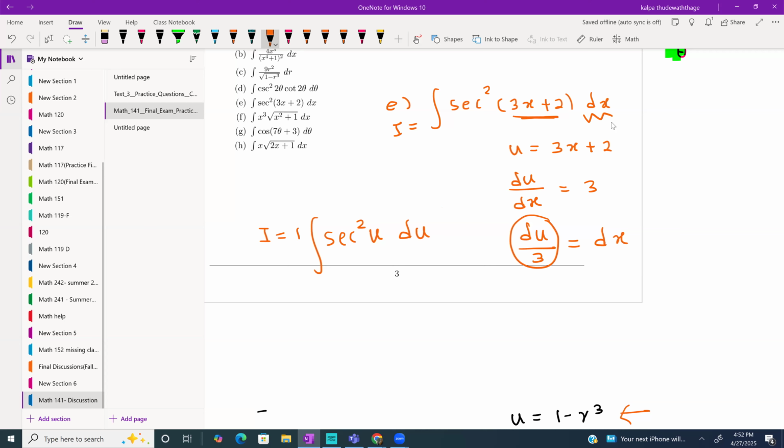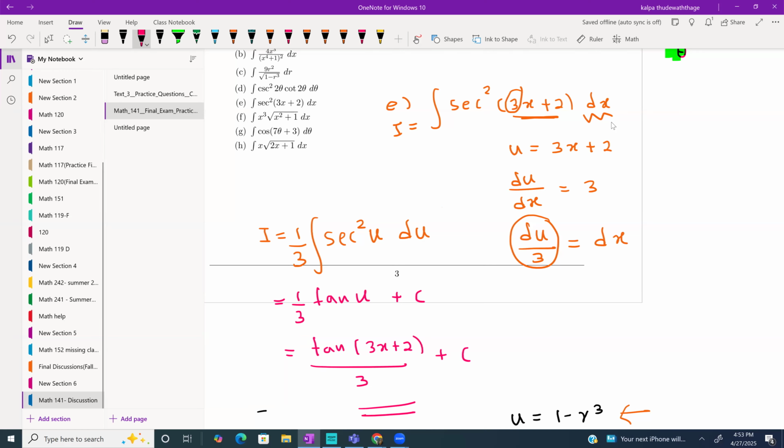So actually 3 is the derivative of 3x plus 2. So the integration of secant squared is tan u, you have 1 over 3 plus c, but actually u is 3x plus 2. You just really divide by 3.